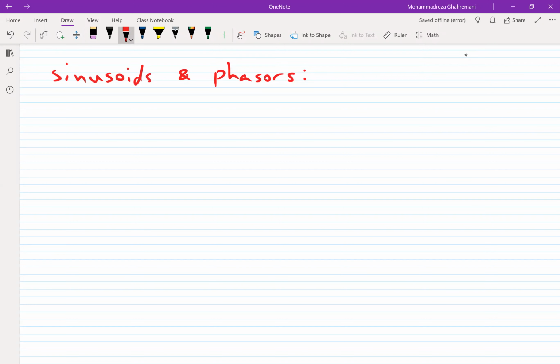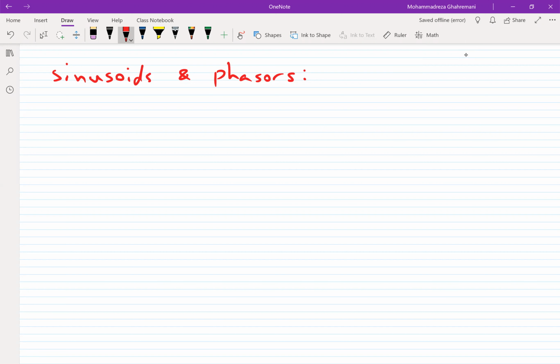Any sinusoidal signal in the form of VA cosine of omega t plus phi is a sinusoid. What is the phasor? A phasor is a complex number representing the amplitude and phase angle of a sinusoidal signal.